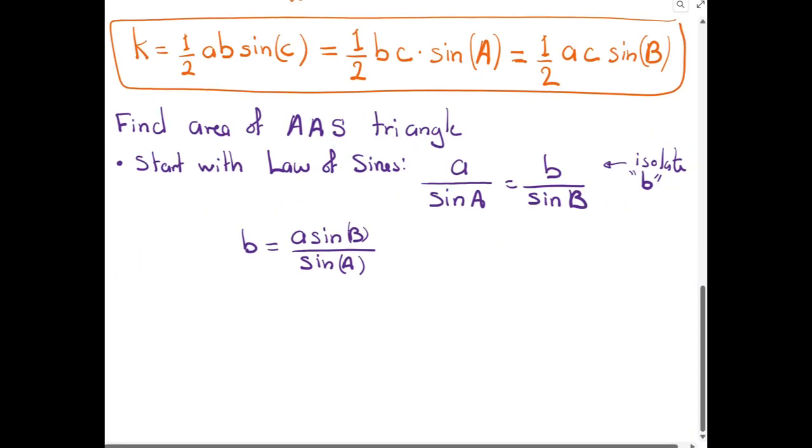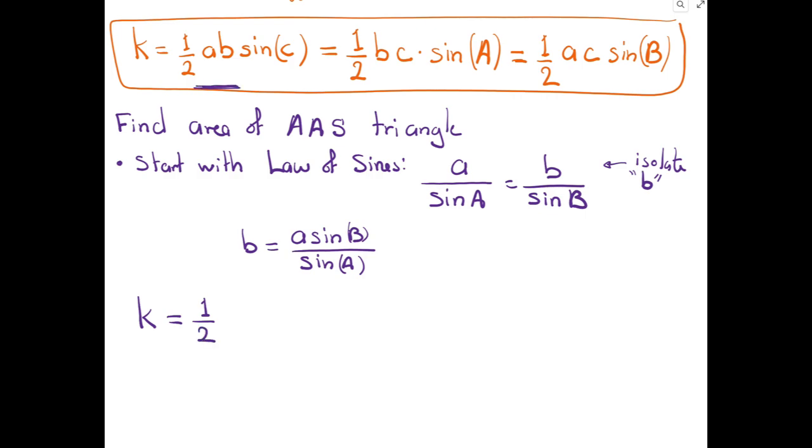So I'm going to have K equals 1/2. I'm on this one, right? That's the one I'm doing. So 1/2 A times, and then I'm substituting this in for B, so A sine angle B over sine angle A. And then times, I still need to do that, sine angle C. And now I'm going to simplify that.